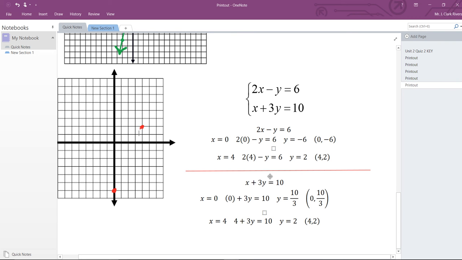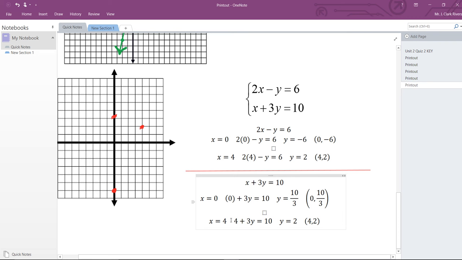For my second equation, I plugged in x equals 0. It just seemed like a pretty easy number to plug in, so I did. You get y equals 10/3, so you get the point (0, 10/3). 10/3 is 3 and 1/3, so 0, 1, 2, 3, and 1/3. That's about right there, roughly. And then I plugged in x equals 4.